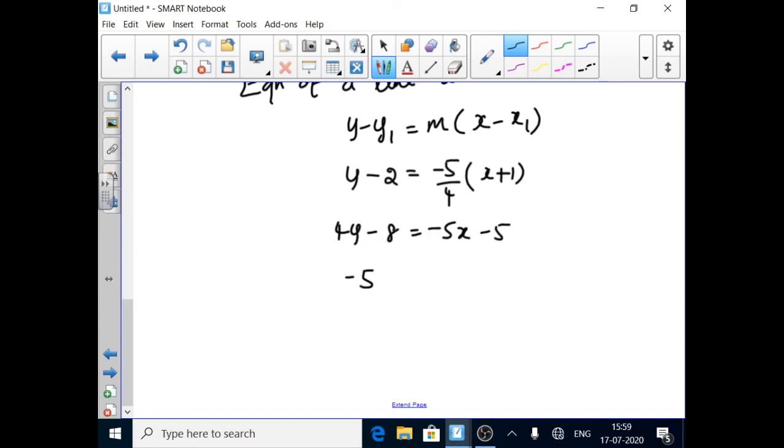So take it to the same side. That is plus 5x, because x has a minus. So 5x + 4y - 8 + 5 = 0. So 5x + 4y - 3 = 0.